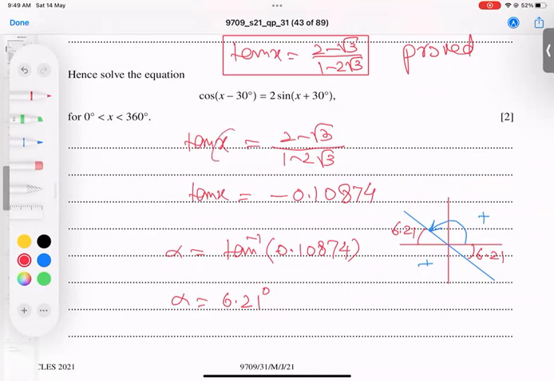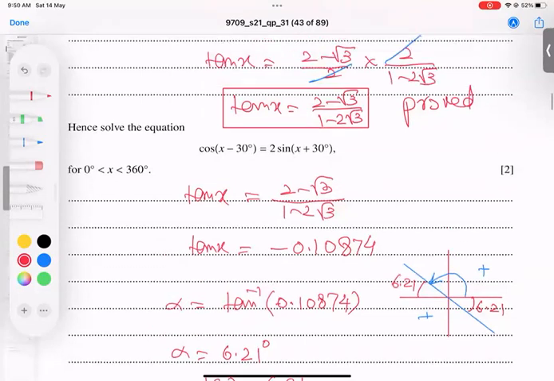So bring back this x here. So 180 minus 6.21. When I subtract 180 minus 6.21, the first answer I get is 173.8 degrees, because angle is always 1 decimal place.